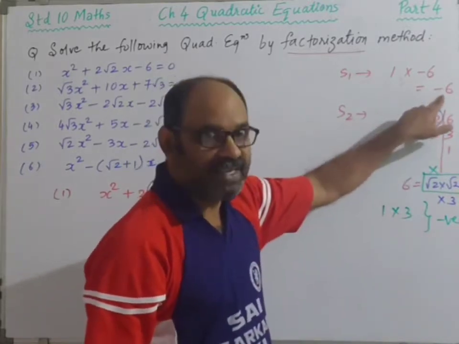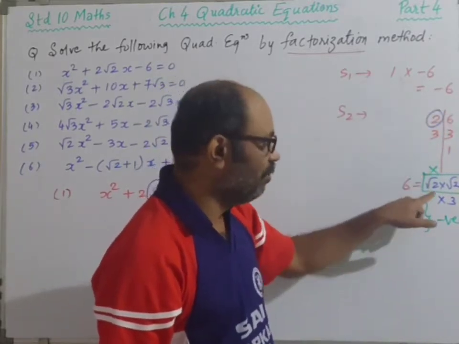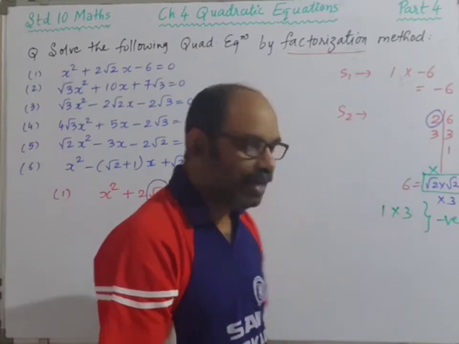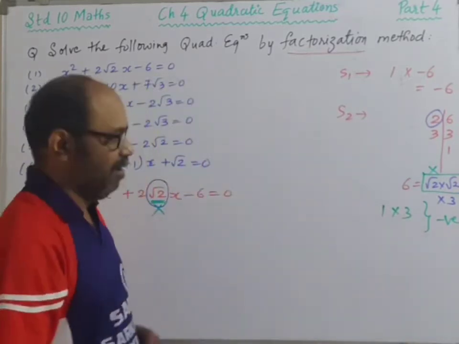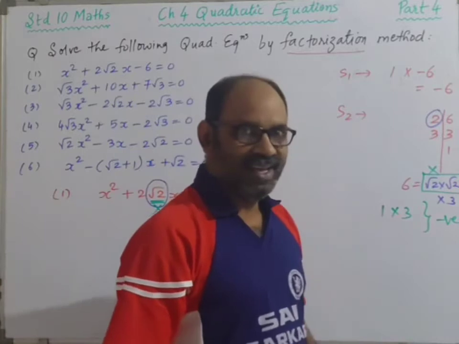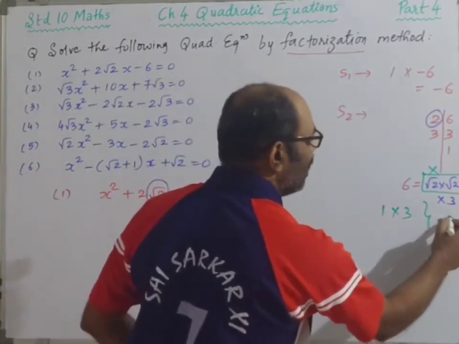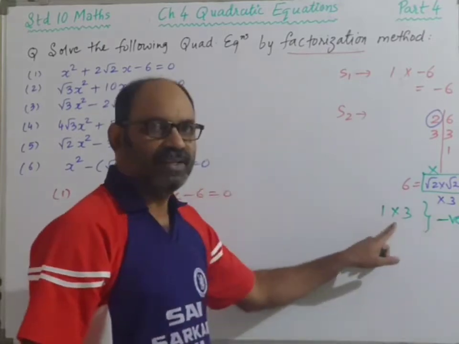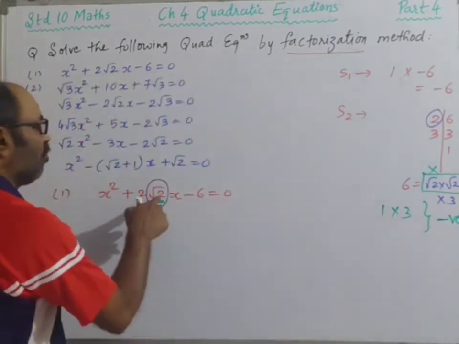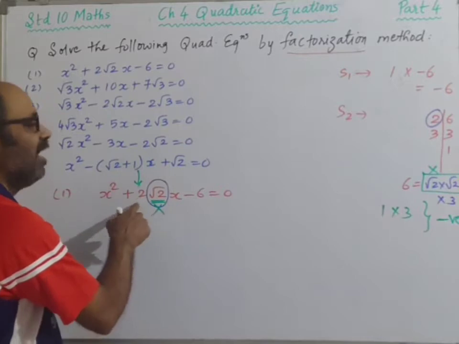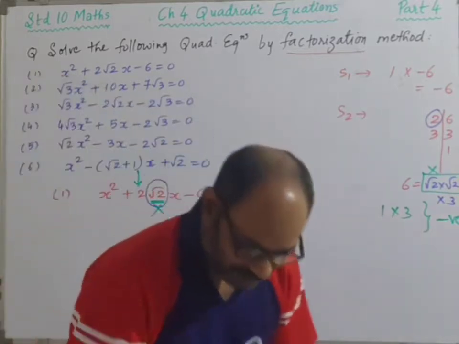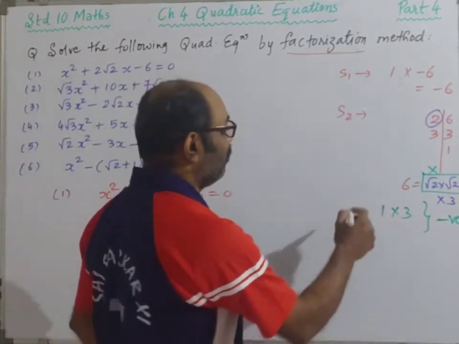We do not need the pairs of factors of 6, because from it we converted the 2 into root 2, as root 2 is in demand. Now it is minus, negative. So the difference we want, we had forgotten that, so only 2 remains. Yes, this pair of factors gives you the difference of 2.